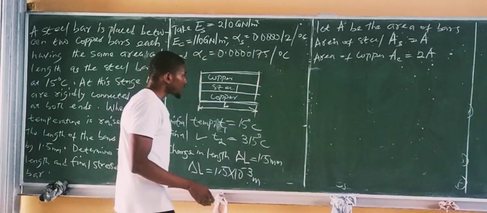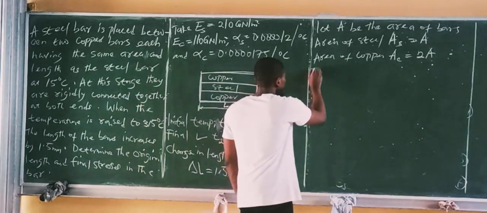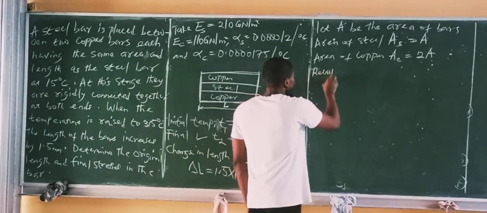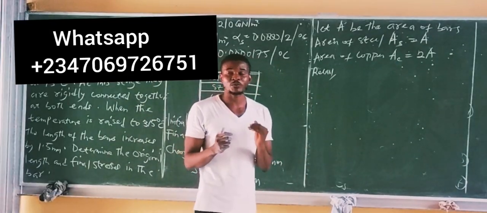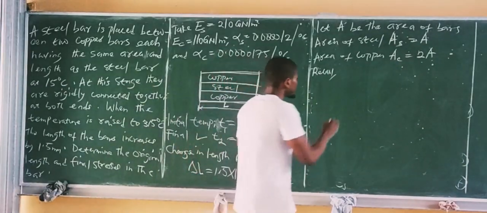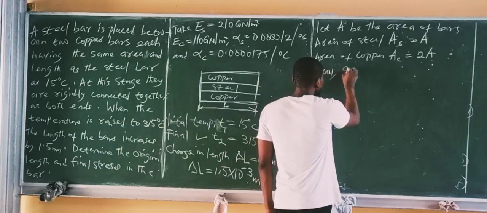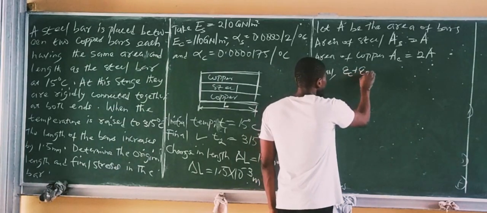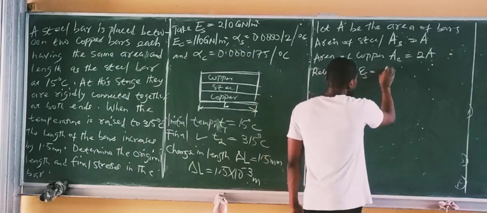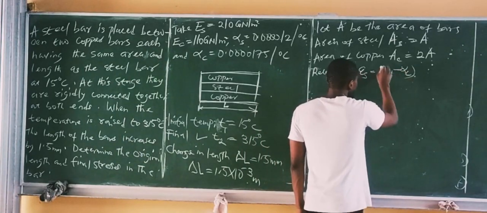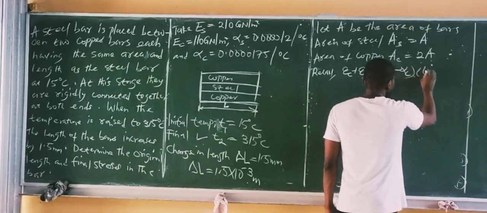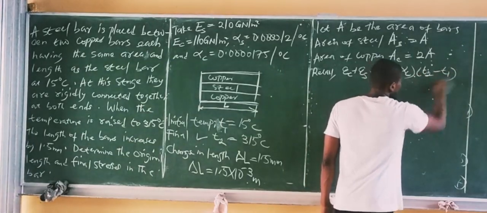Now, recall we said for a compound or composite bar subjected to temperature, that the strain of copper plus the strain of steel is simply the thermal expansivity of the higher material minus the thermal expansivity of the lower material, times the change in temperature, T2 minus T1.